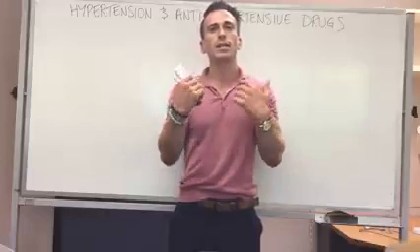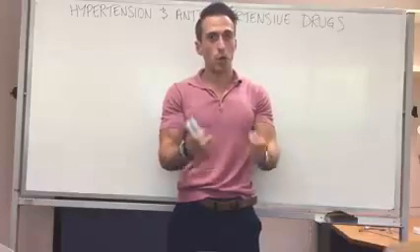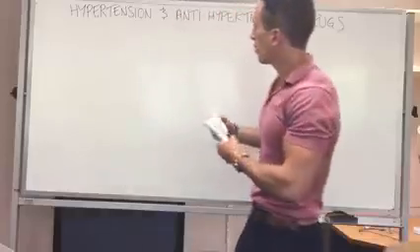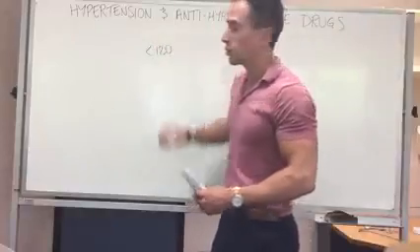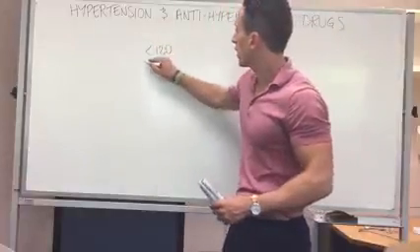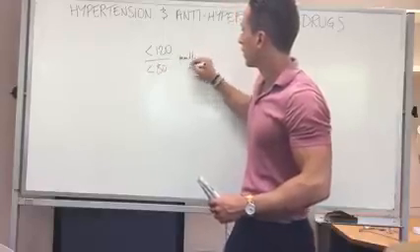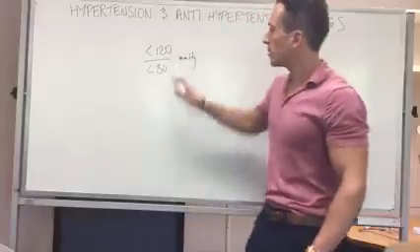So if you were to take consistent measurements from a patient when the patient's at rest, what is considered a normal blood pressure? Well, a normal blood pressure is a systolic value of below 120 and a diastolic value below 80 millimeters of mercury. Okay? What if you have consistent measurements above this?